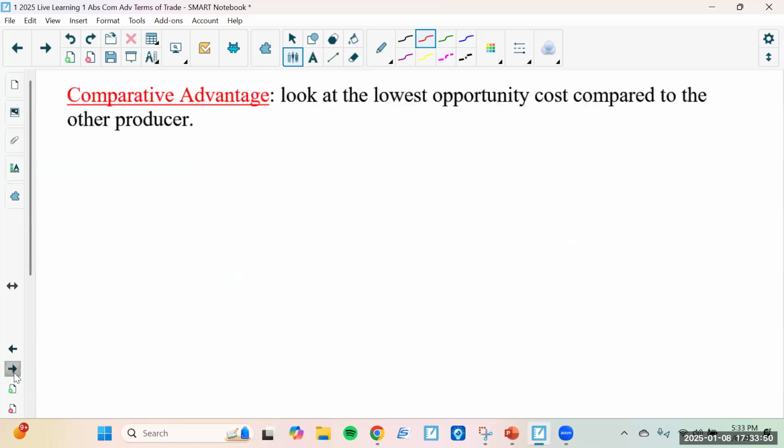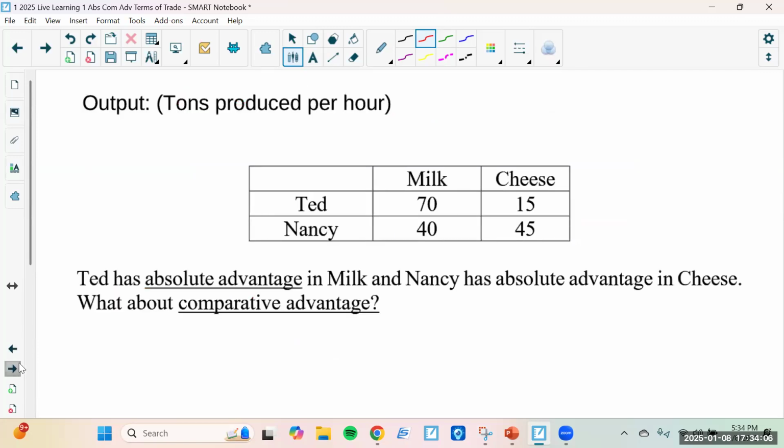The one with the lowest opportunity cost has the comparative advantage, the one that has to give up the least. Remember, opportunity cost is what you give up. The one that has the lowest opportunity cost has the comparative advantage.